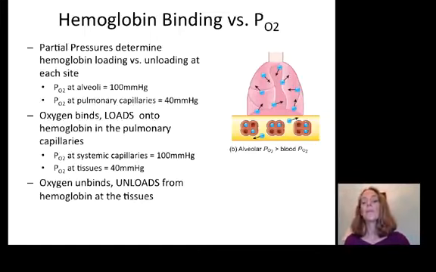So hemoglobin has these amazing properties to be able to sense the level or the partial pressure of oxygen in its environment. And hemoglobin will bind and hold on to oxygen when oxygen is high so that it can store oxygen. So when money is plentiful, you keep it in the bank.